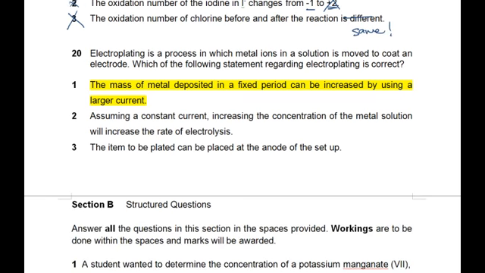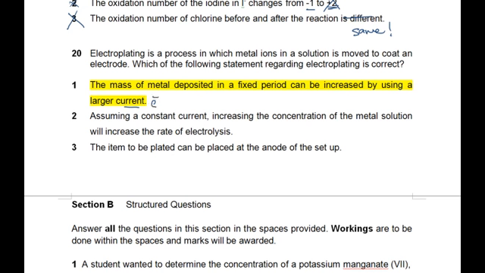Let's look at the last question, the last MCQ question. Electroplating is a process in which metal ions in a solution are moved to coat an electrode. We are asked to determine the correct statement. So the mass of metal deposited in a fixed period can be increased by using a larger current. This is true because with a current, they are moving electrons.